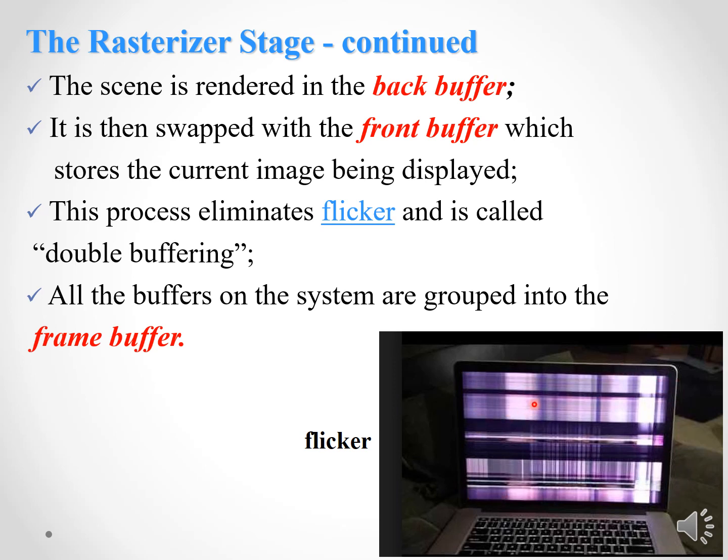Okay, the visible change in the brightness of your screen. So this is the flicker problem. And all of the buffers in the system are grouped into the frame buffer. Okay, all the buffers that we have introduced in this rasterizer stage will be grouped together, and this is known as the frame buffer.